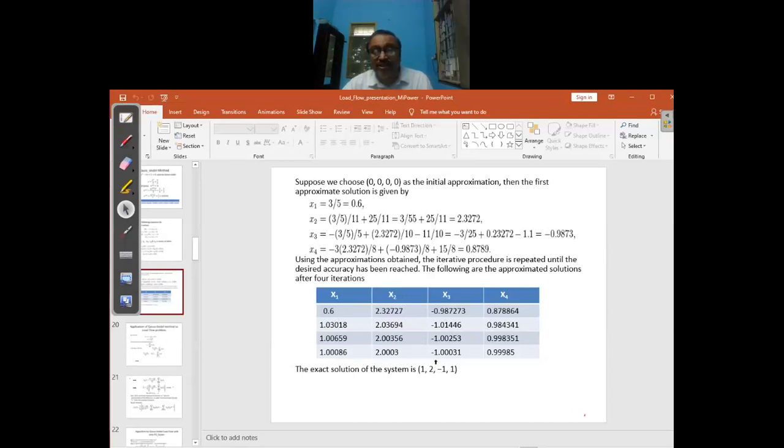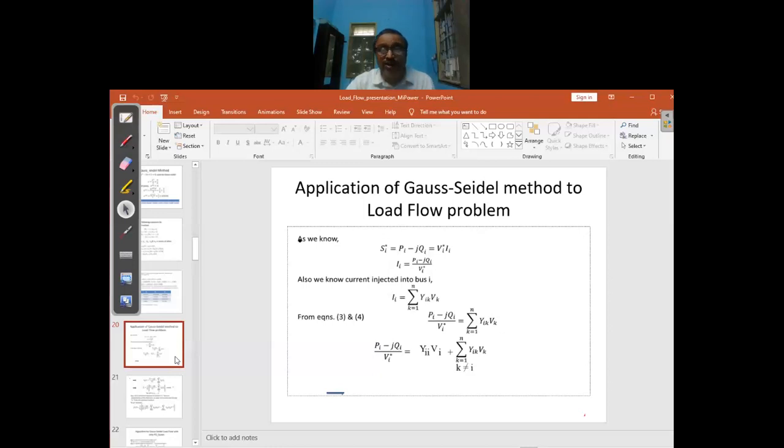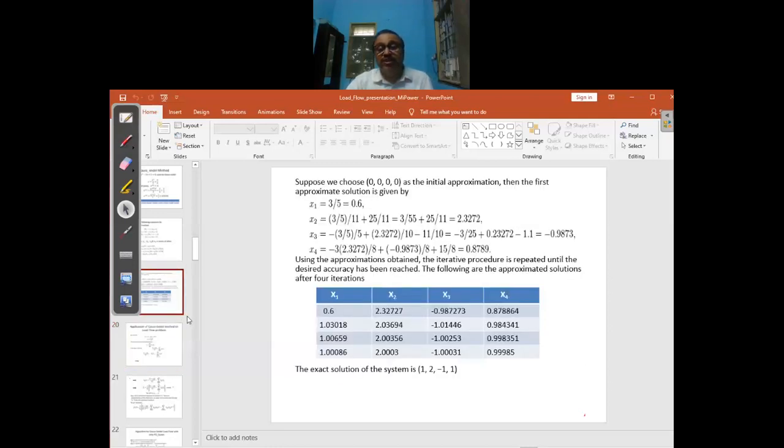So you can see that the actual solution of this is 1, 2, minus 1, 1, and it is converging towards that. I have shown only 4 iterations, it can be many more iterations, and then you can see that it is converging. So this is how the simultaneous algebraic equations are to be solved.